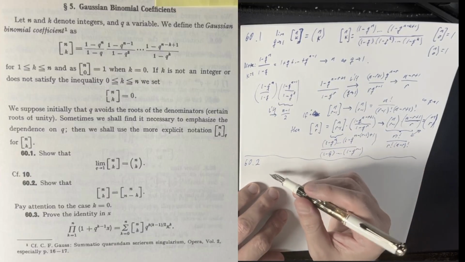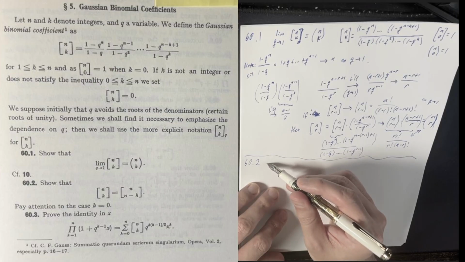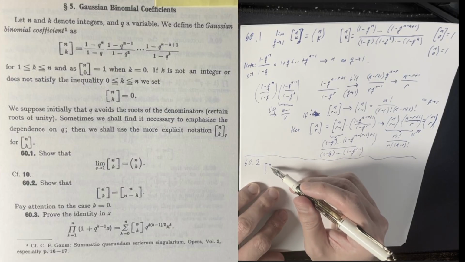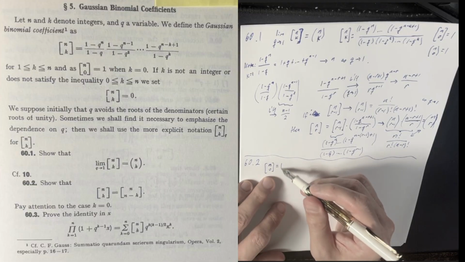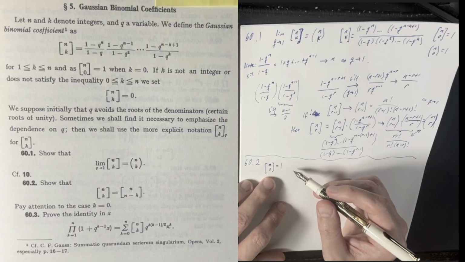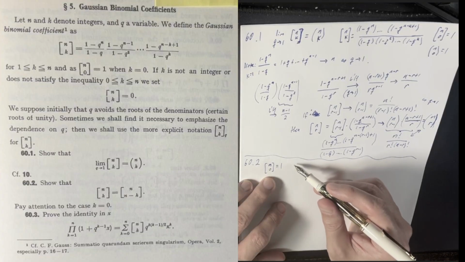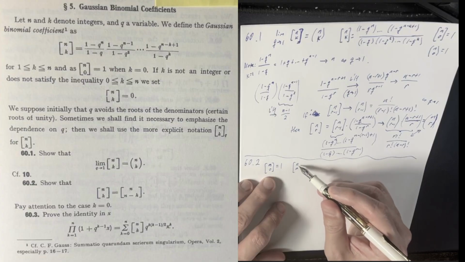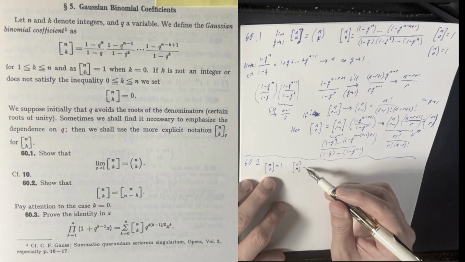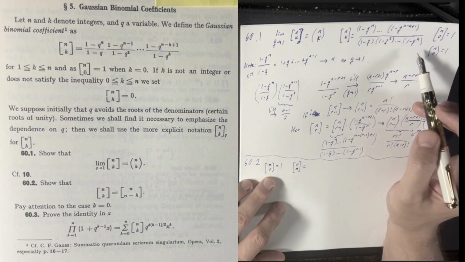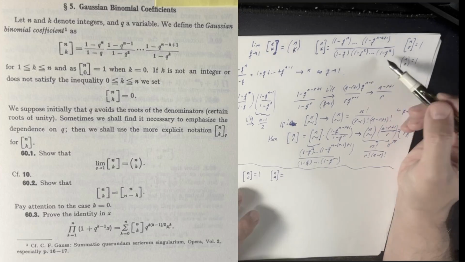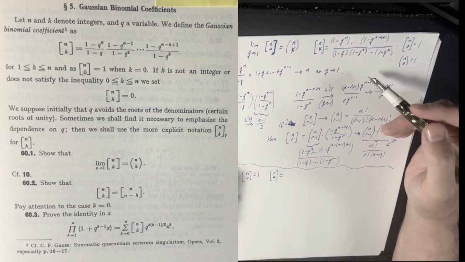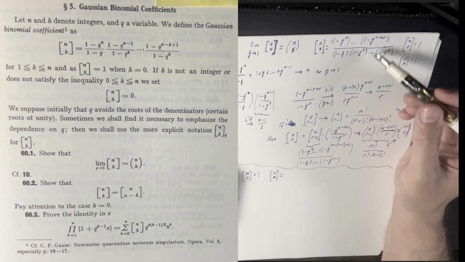Well, n choose 0 we have said is 1, while n choose n, which he didn't make a comment on, is apparently the full, just plug in n's up here. So n minus n gives you 1 minus q. I mean, that's easy, right? You're getting the same series on the top and the bottom.